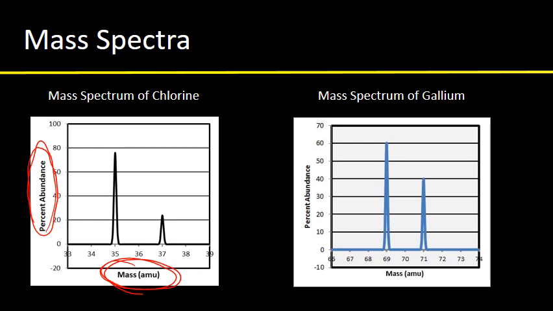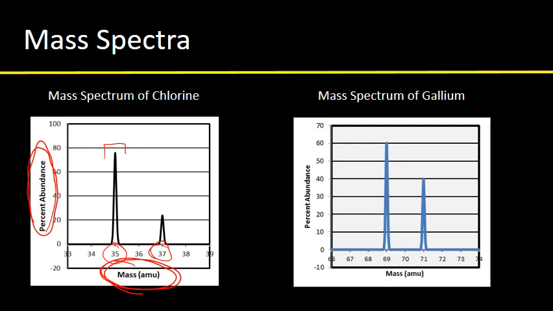So in chlorine, when all of the chlorine atoms get converted into ions and they hit the screen, most of them hit the screen at a spot that corresponds to 35 atomic mass units, and a few of them hit the screen at a spot that corresponds to 37 atomic mass units.